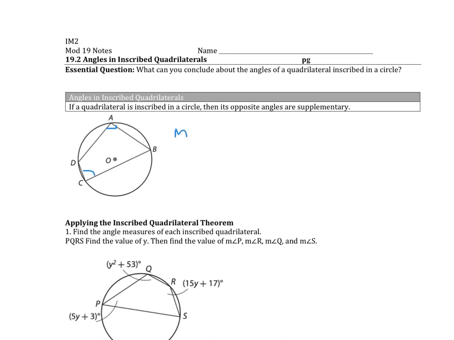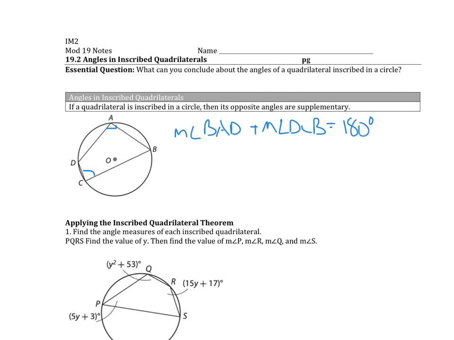So to be fully accurate, measure of angle BAD plus measure of angle DCB is equal to 180 degrees.